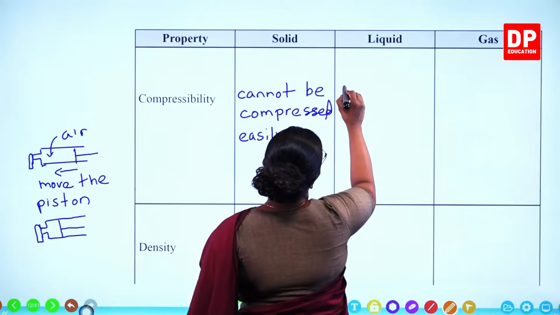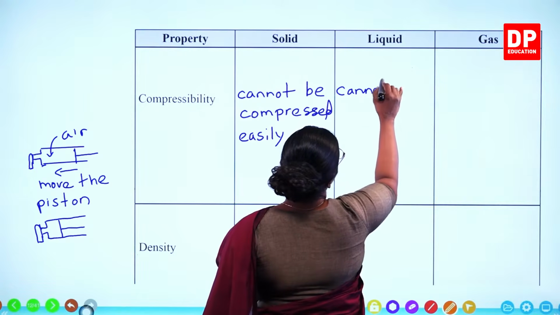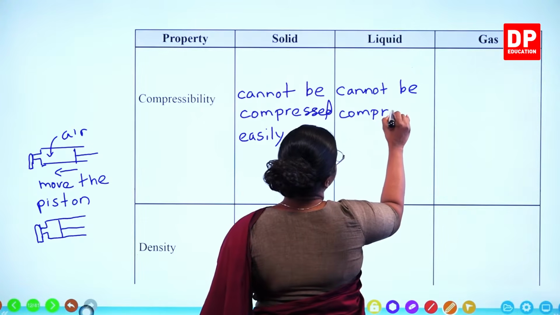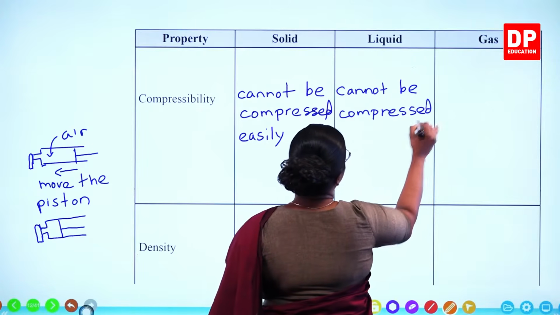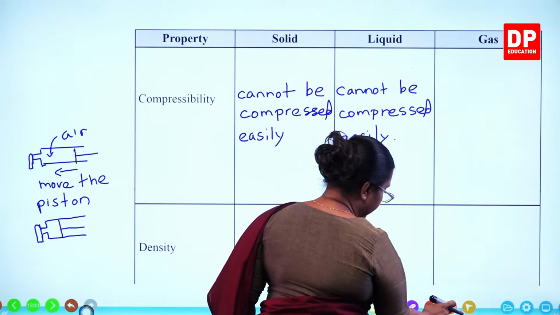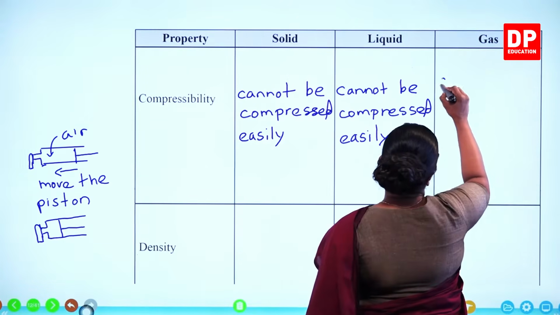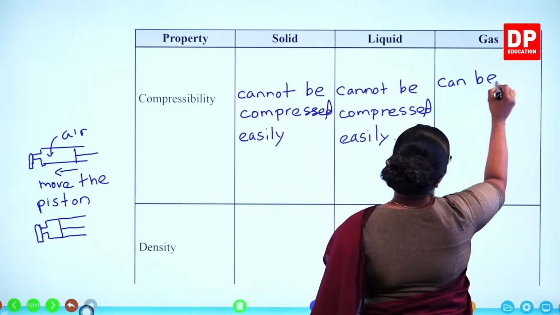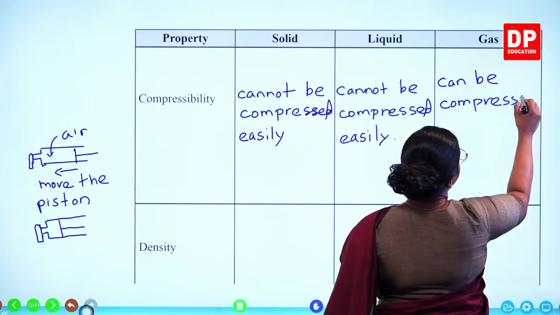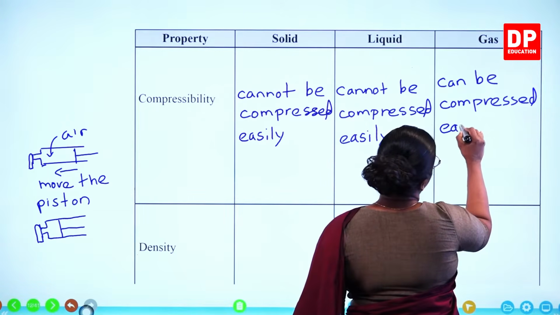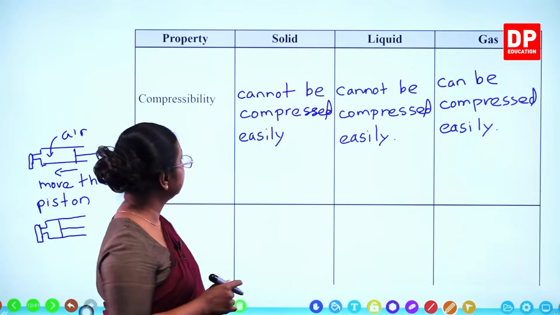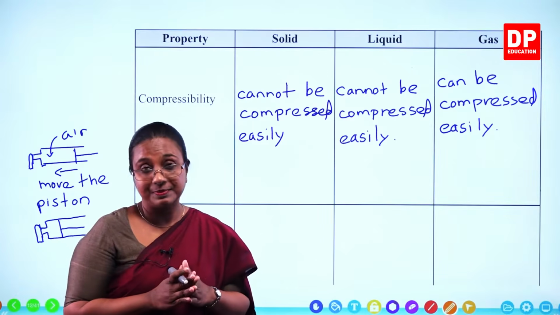Whereas liquids also cannot be compressed easily. Whereas gases can be compressed easily. So that is the compressibility, or ability to get compressed.